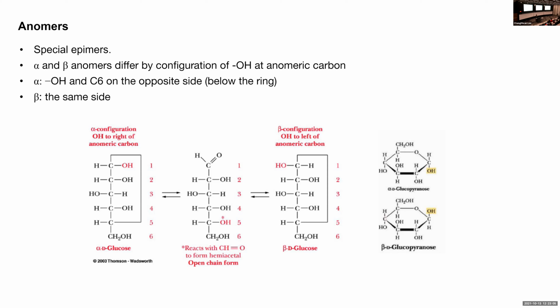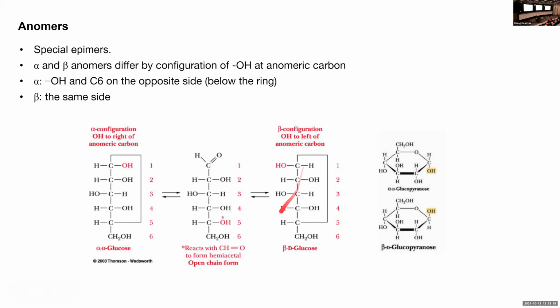And anomers are those sugar rings that contain anomeric centers and have different configurations for the hydroxyl group, either going up or down, or, when you make the Fischer projection, whether the hydroxyl goes to the right-hand side or the left.